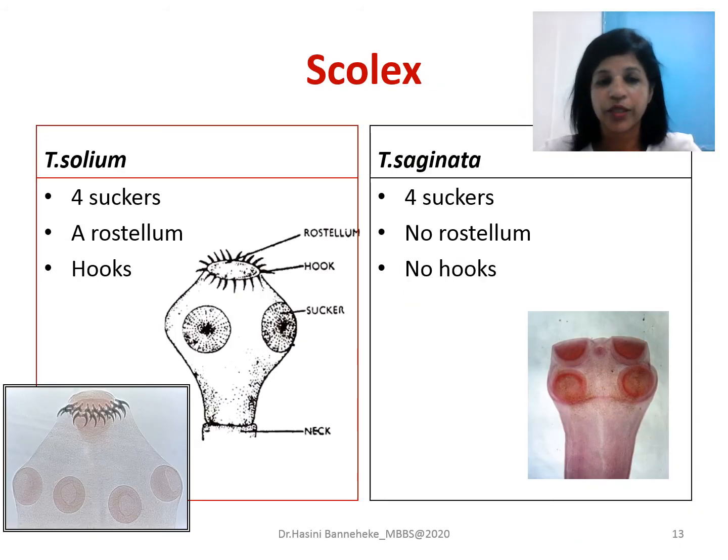Moving on to the scolex appearance, both species have 4 suckers. Of course, the suckers have little morphological differences from each other, but if we leave that aside, both have 4 suckers. In addition, solium has a rostellum and hooks. With these hooklets present in the scolex, if you find a scolex in the fecal sample, you can differentiate which species you are looking at in the patient.